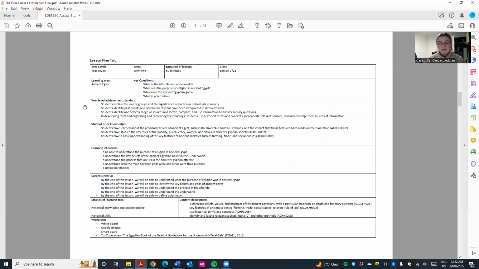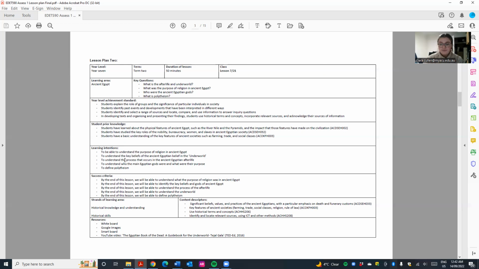This descriptor has been split into 2 lessons, so lessons 2 and 3, because it is quite a large topic, with the first focusing on the significant beliefs and values of ancient Egyptian religion. The learning intentions highlight the main topics of the lesson, including religion, the belief in the afterlife and underworld, polytheism, and the gods.